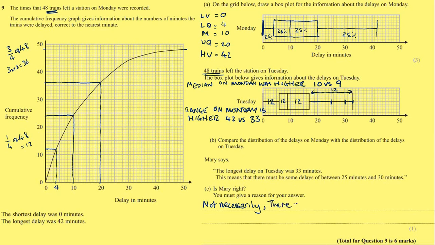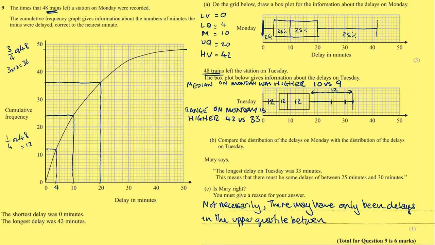There may have only been delays in the upper quartile between, let's pick something out that doesn't even match against that.